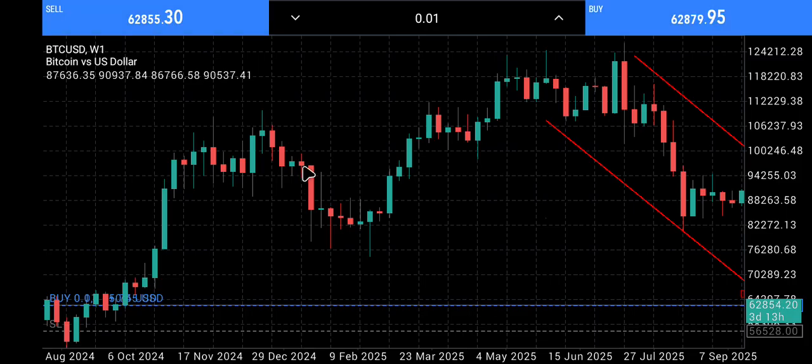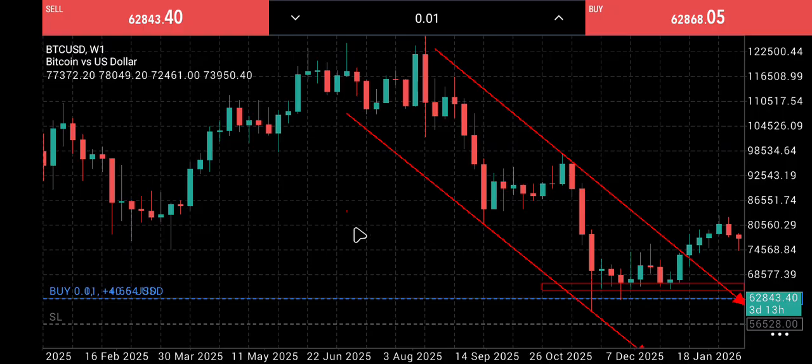We have this kind of a hammer candle. So it is an inverted one. Guys, you cannot buy here. Why? Because we have some other factors that should come into play. We have some other condition that should play out to give us a reason to buy or sell.